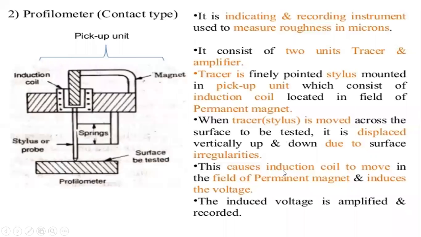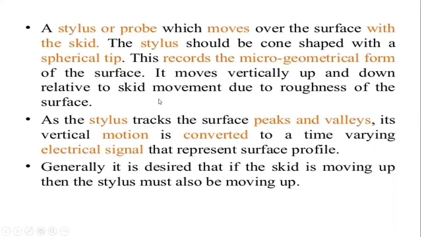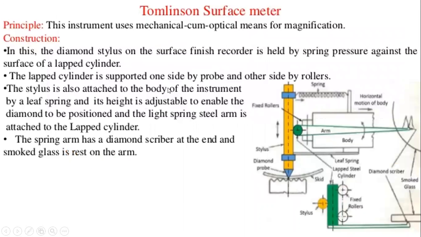In the profilometer, the stylus probe generally has a spherical end, but in the Tomlinson surface meter a diamond probe is attached to it. Downward of it there is a skid which moves in an oscillating direction, and below that we get the workpiece.